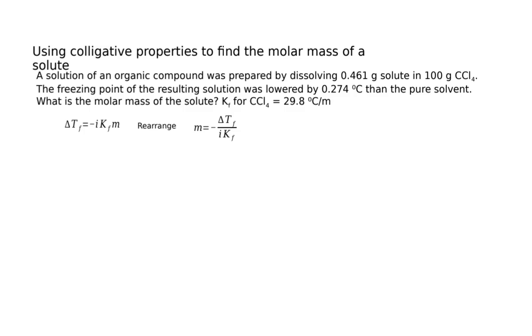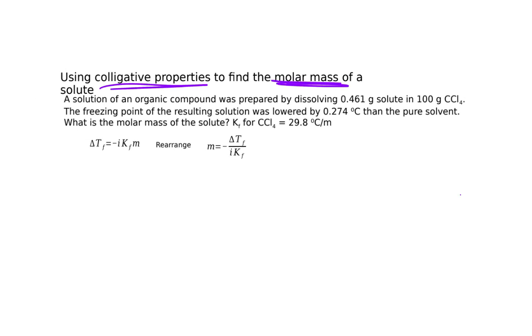Okay, so here's a really good problem. This is like the highest level you're going to get in this chapter. Make sure you know how to do this type of problem, and that is using a colligative property to find the molar mass of a solute. So here we're going to have a solution of an organic compound. Because it's an organic compound, this is a non-electrolyte, i equals 1.